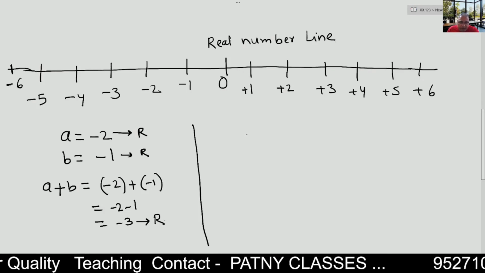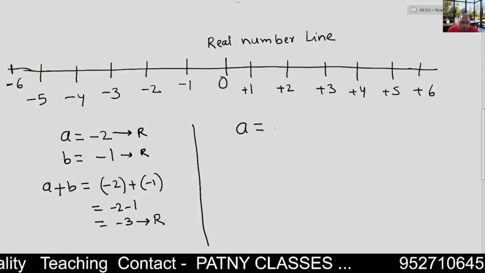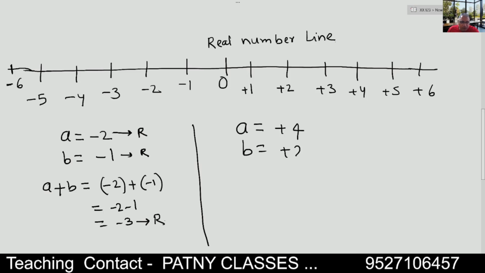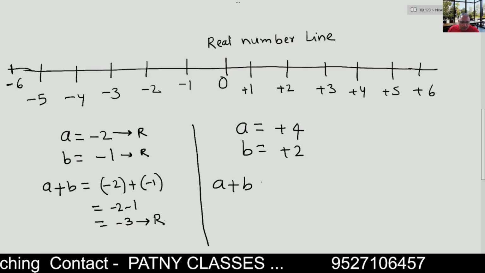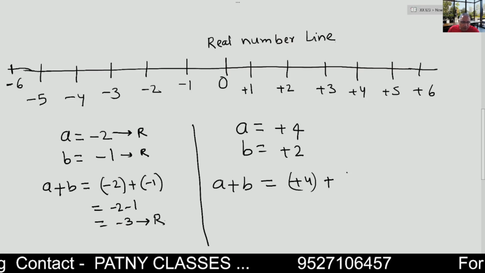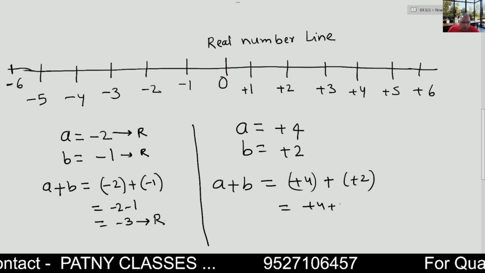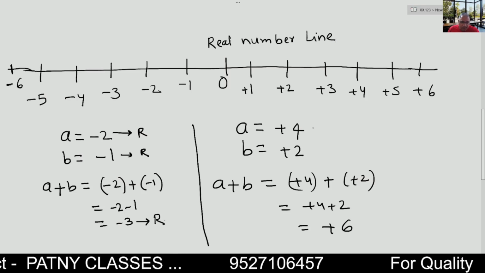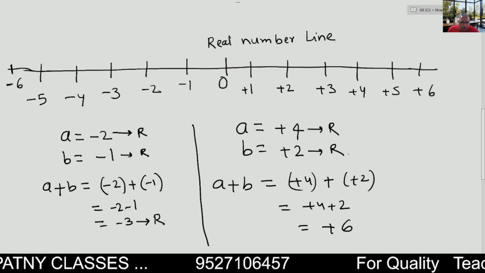On the other hand, let us select A equals +4 and B equals +2. If I wish to find A plus B, then +4 added to +2 equals +6. A is already a real number, B is already a real number.